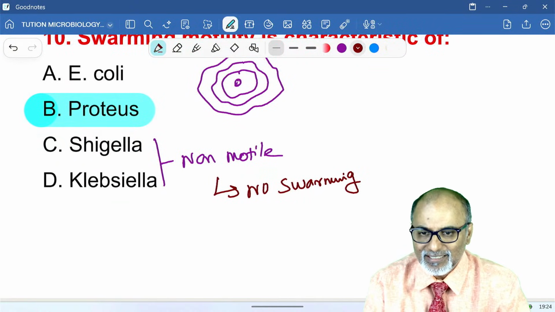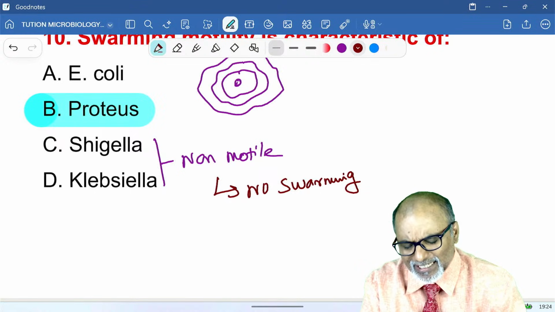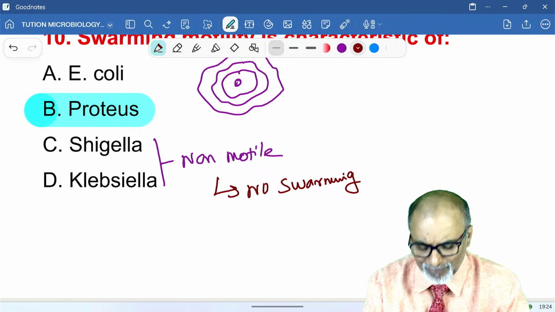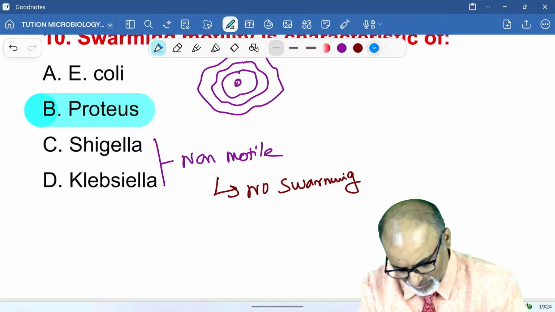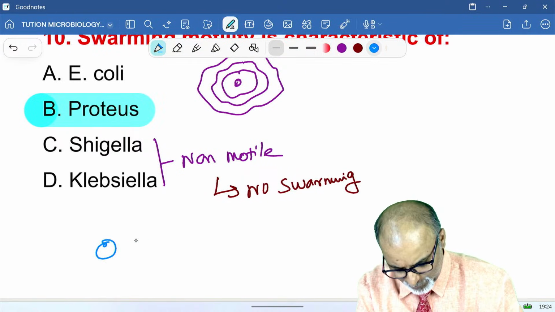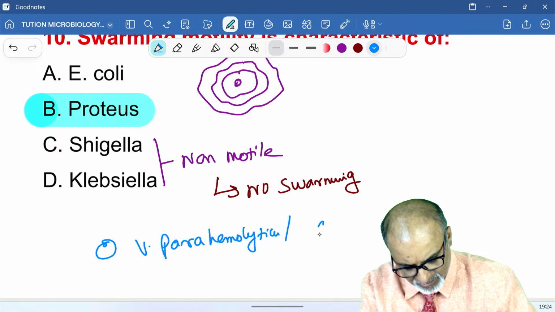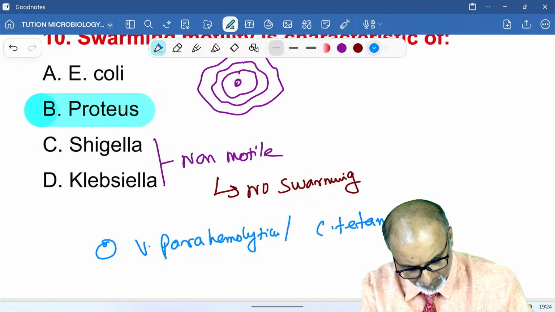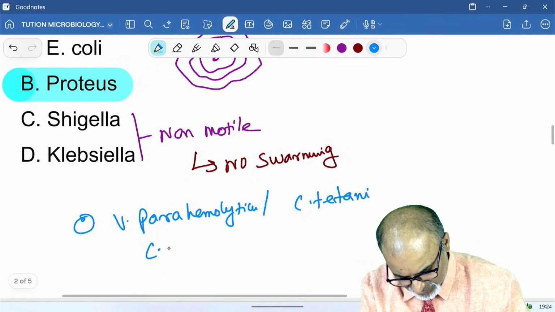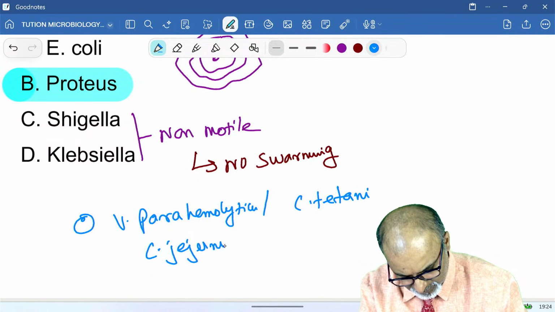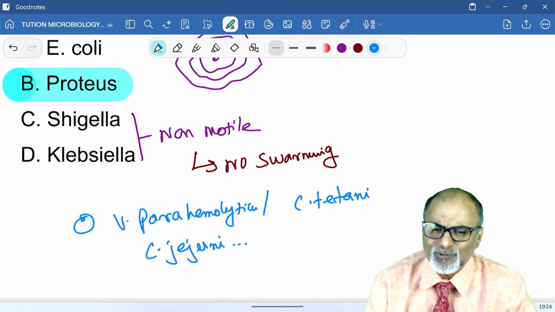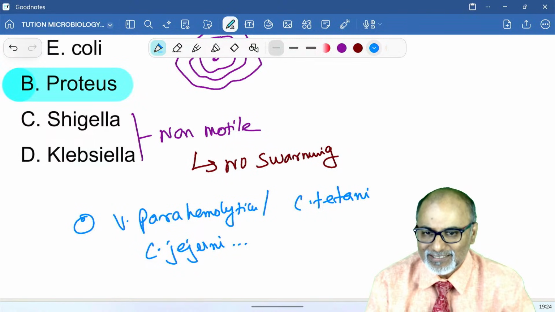I read it. E. coli is motile, but it won't produce swarming. Other organisms which produce swarming, apart from Proteus, are Vibrio parahaemolyticus, Clostridium tetani, and Campylobacter jejuni.